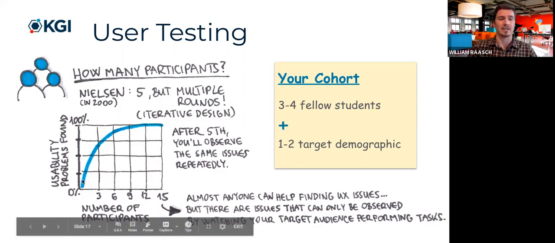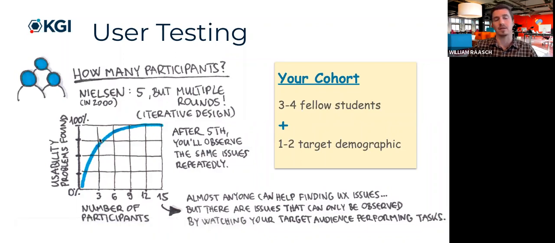And you see this right here, where you get to 80% of all your problems after talking to only a small number of users. Based on this test, they recommend that after about five users, you've pretty much uncovered all of the problems.